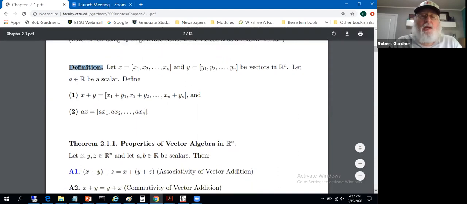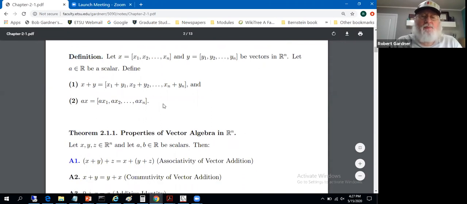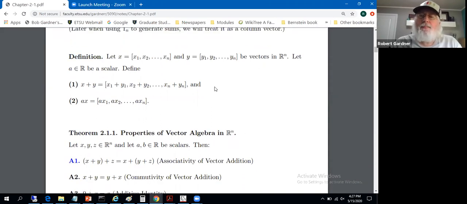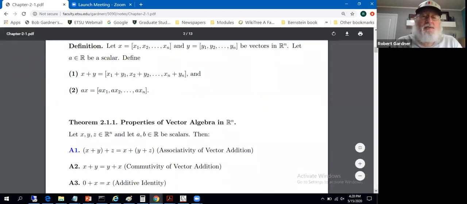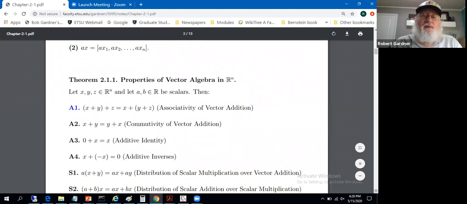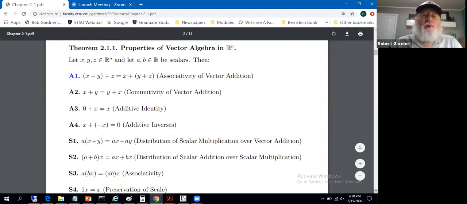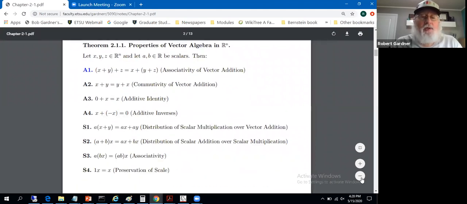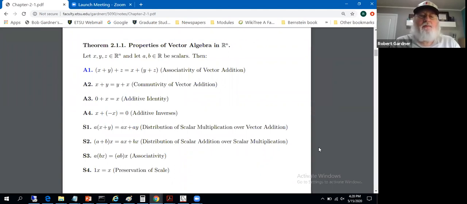So at this stage, we've put an algebraic structure on vectors in Rn. No surprises. Some properties of that algebraic structure are the following 8 things. We'll go through and prove the first one.